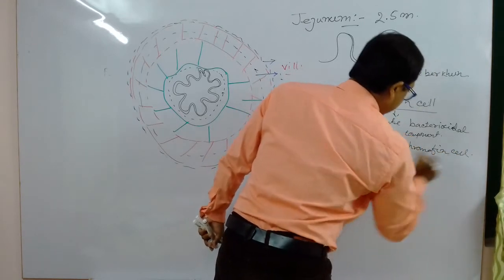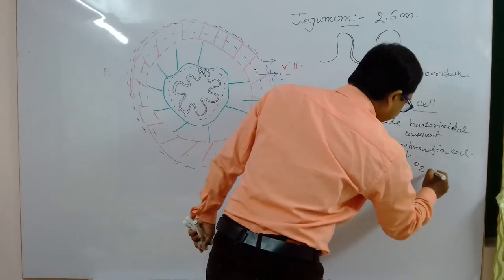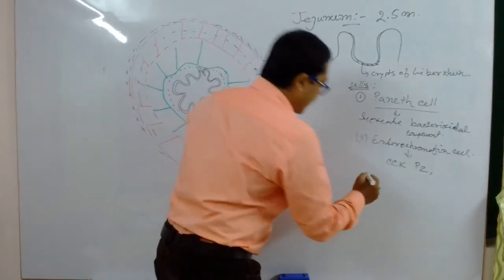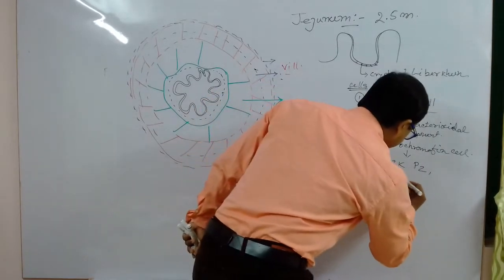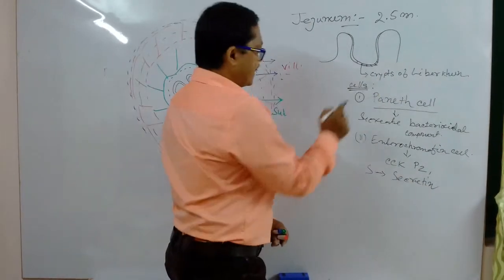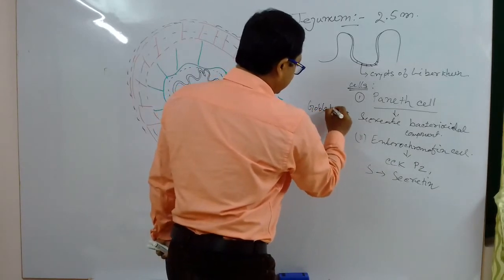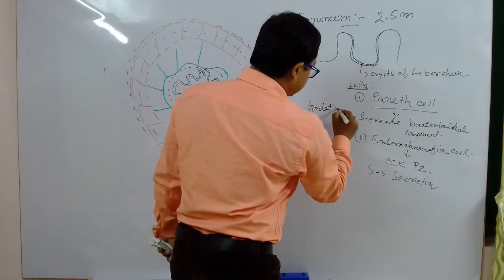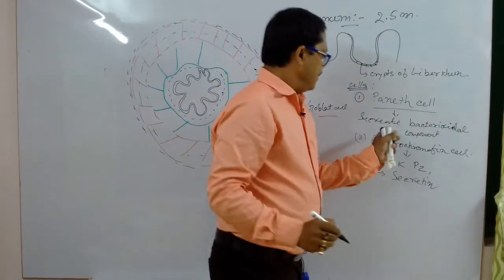These cells secrete CCK-PZ. Sometimes S cells are present, and these S cells secrete secretin. A few mucus-secreting goblet cells are also present.